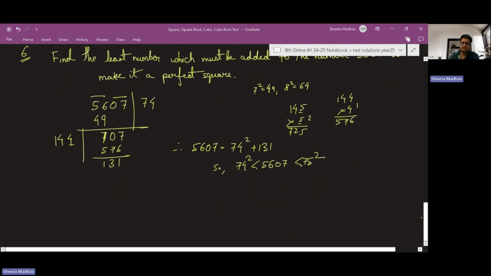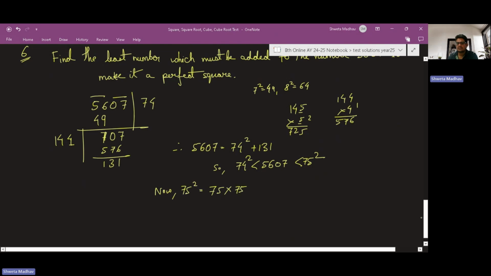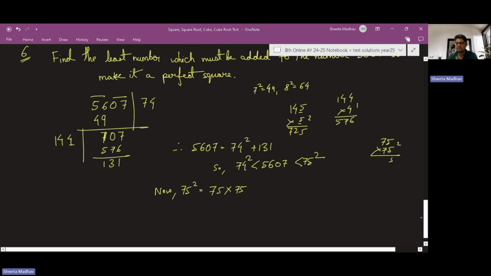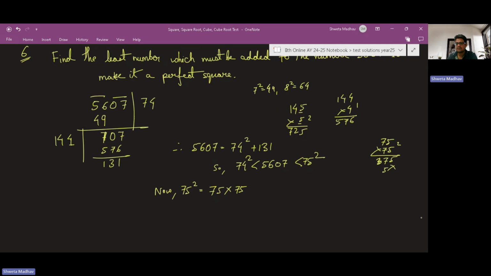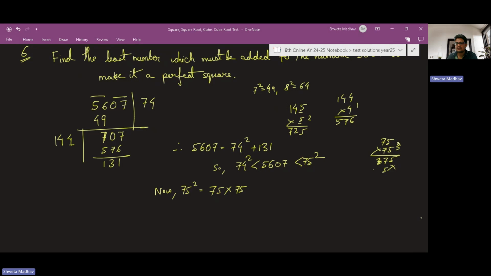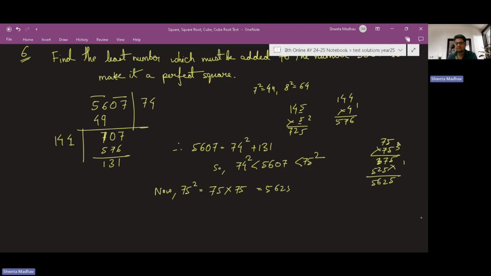Now 75 square is equal to 75 into 75. That will be 5625.